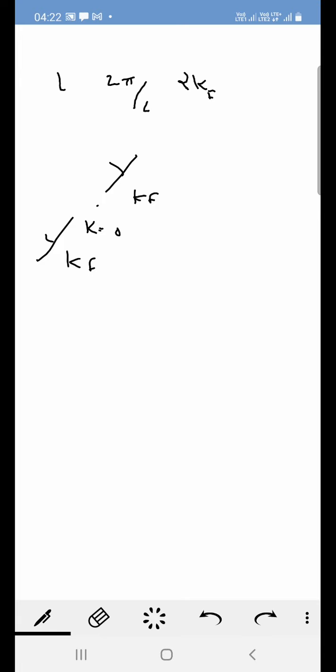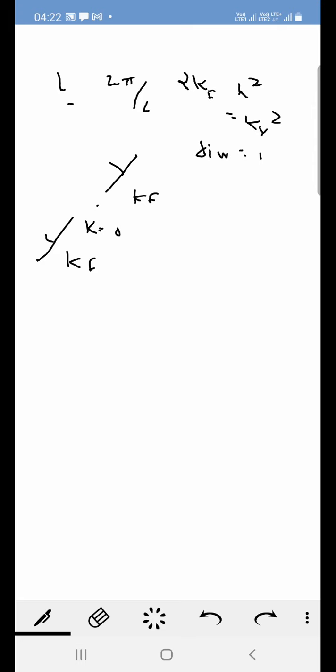And k square, if we are considering only one dimension, say x, is kx square, ky square, kz square, any of them, and of course the dimension is 1.